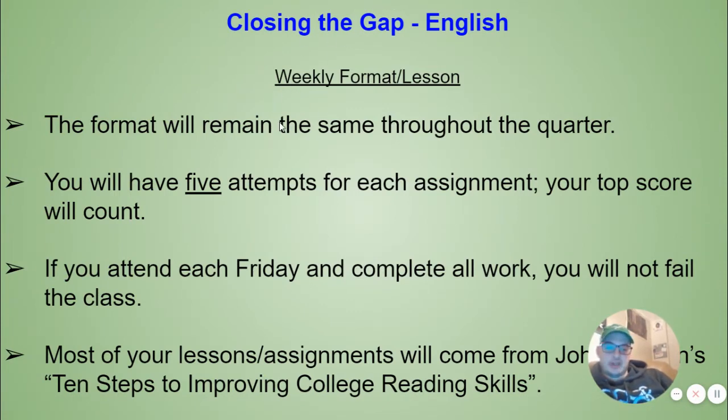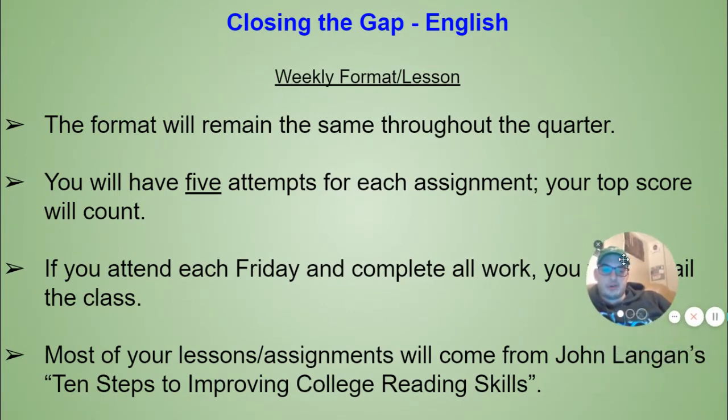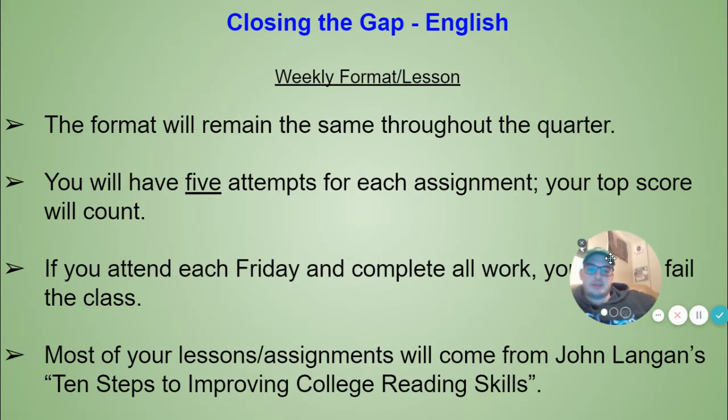Most of your lessons and assignments will come from John Langan's Ten Steps to Improving College Reading Skills. Usually in class, you would actually work from this physically, hands-on, but we're obviously going to do more of an online version. So that's the book we're going to mostly be using, but not today. We're not going to start it today.